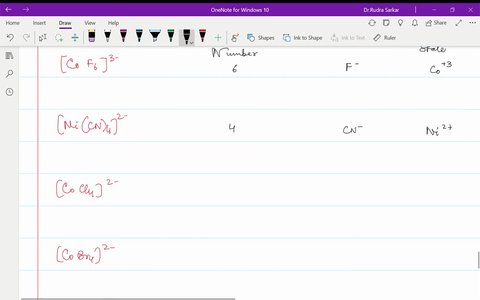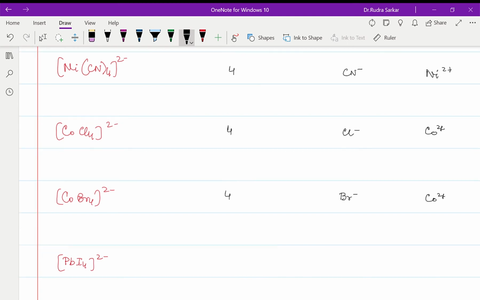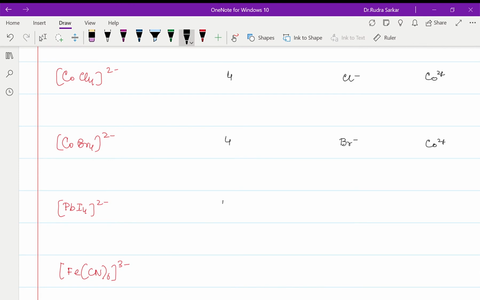Next one. We have 4 Cl minus and Co 2 plus. Next one. This will be 4 Br minus and Co 2 plus. Very good. Next one. This will be 6 CN minus, Fe 3 plus.